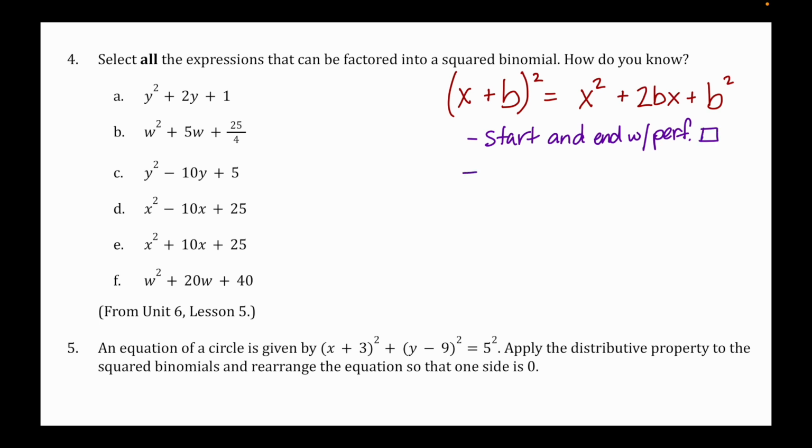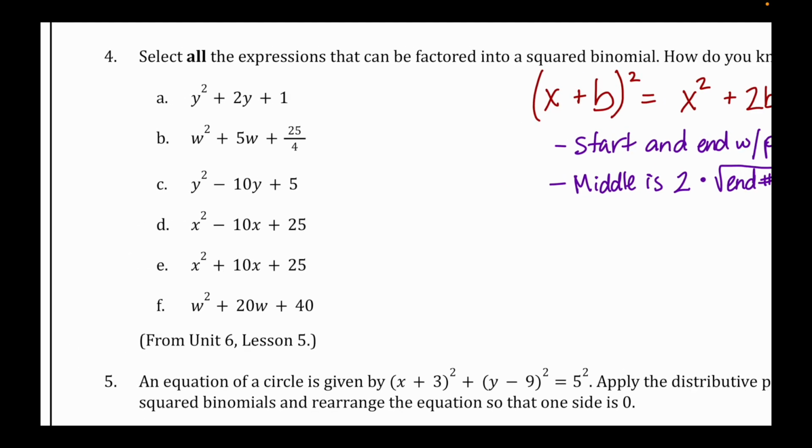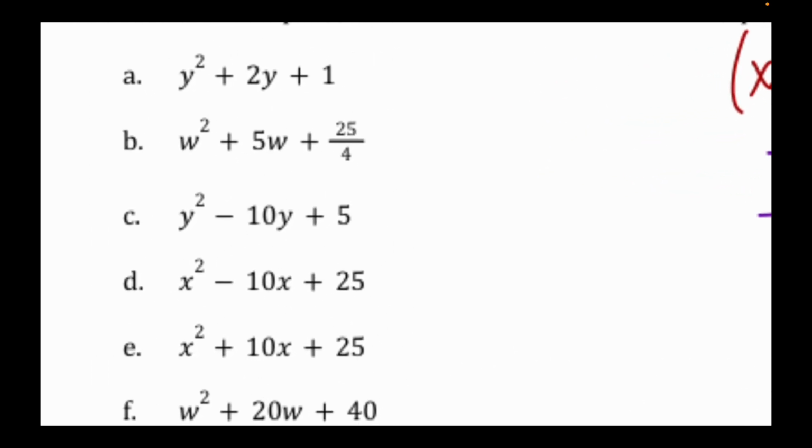And then I want the middle to be 2 times the square root of the end number. So we would do the square root part first and then multiply it by 2. So that's how we're going to check this. That's kind of my mental checklist here.